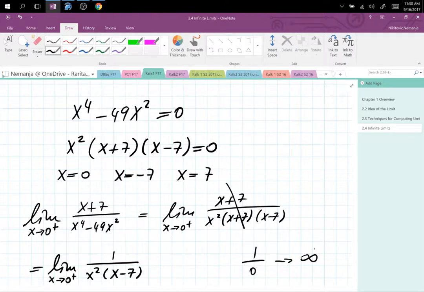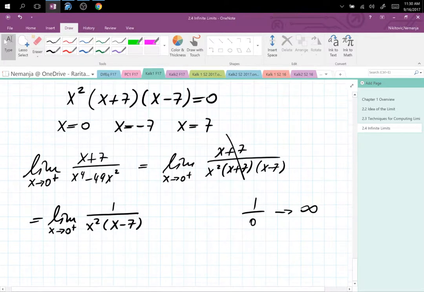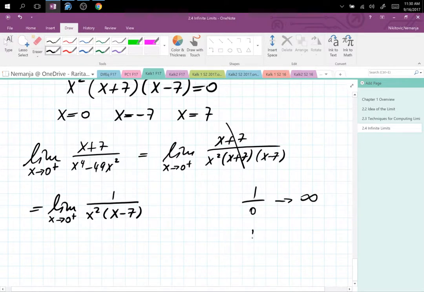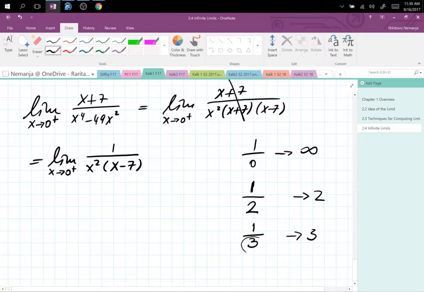And that should make sense because of the way division works. If you divide one paper into 2 parts, you get 2 parts. If you divide one paper into 3 parts, you get 3 parts, right? So you see that the bigger the denominator, the more parts you get, right?